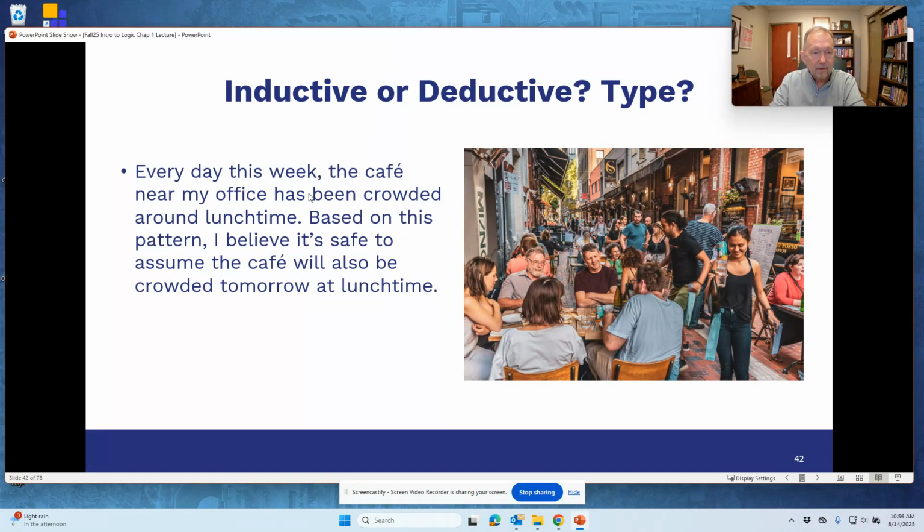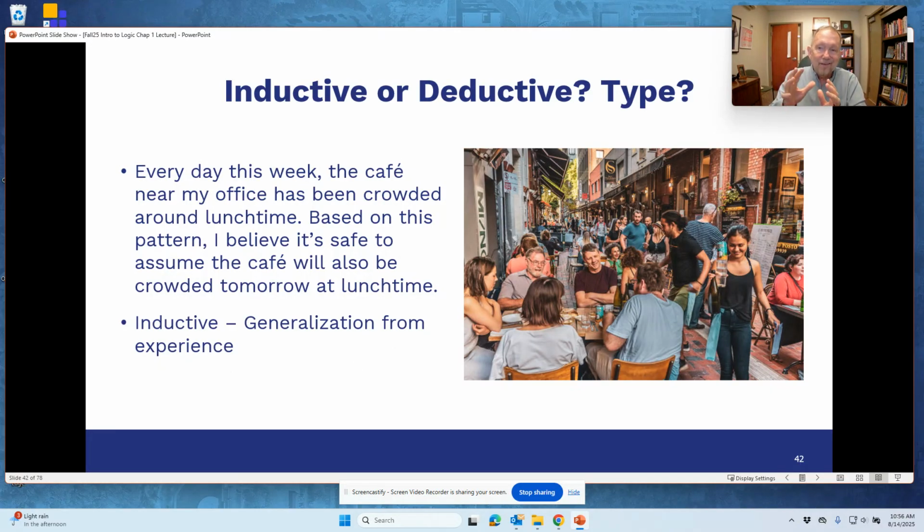Every day this week, the cafe near my office has been crowded around lunchtime. Based on this pattern, I believe it's safe to assume the cafe will also be crowded tomorrow at lunchtime. Pretty good bet, I would say. It's not absolute, but it's a pretty good bet. Therefore, it's inductive, and it's a generalization from experience, right?